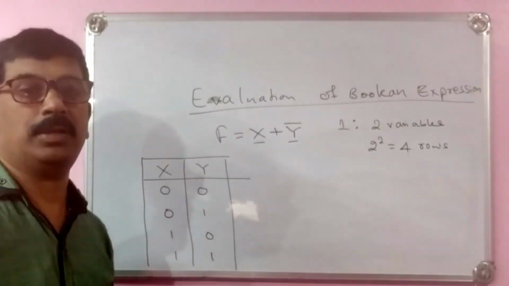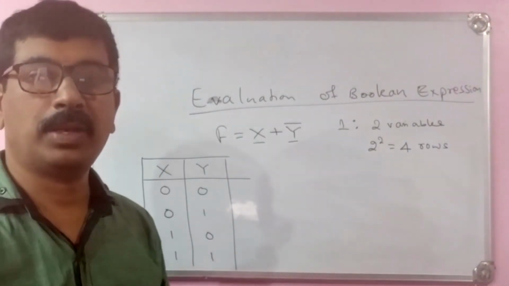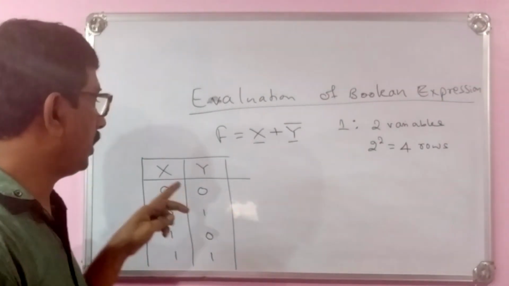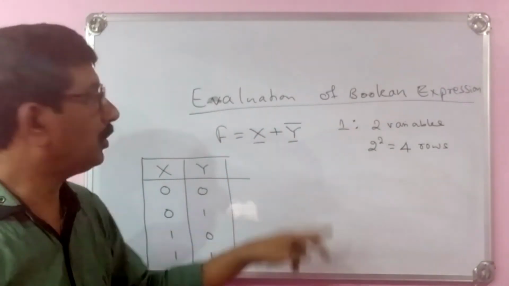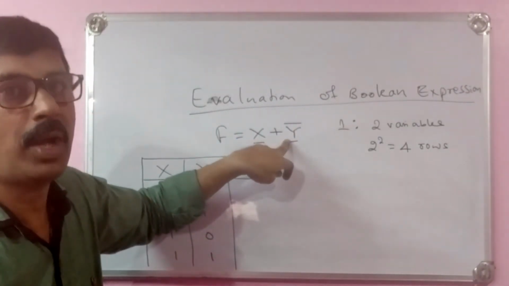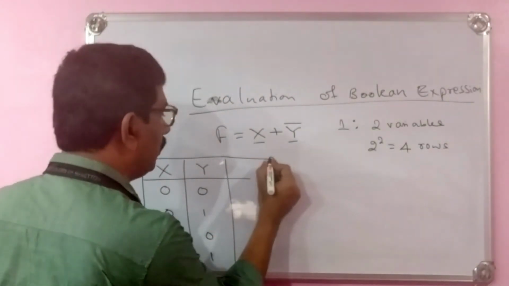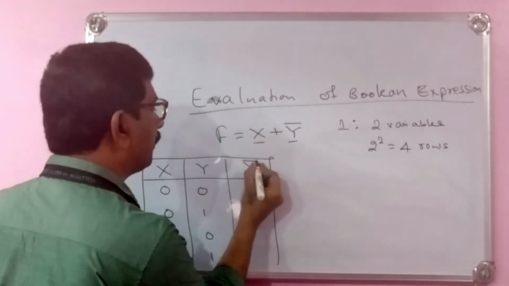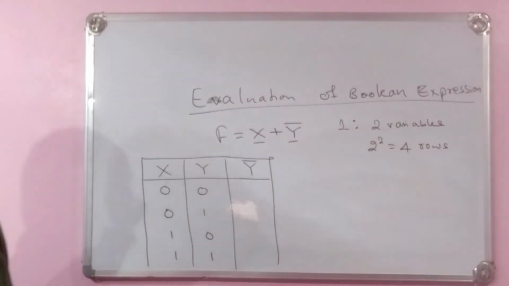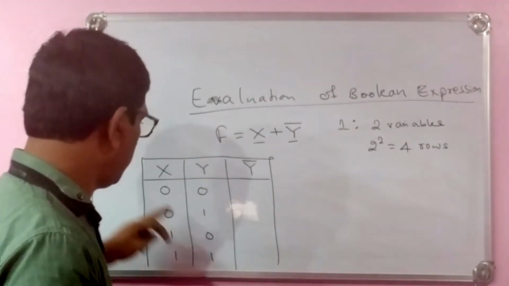Then step 3. Create a new column for each new term in the expression. Now the new term is y complement, y bar. So create a new column for y bar and find the answer for it.